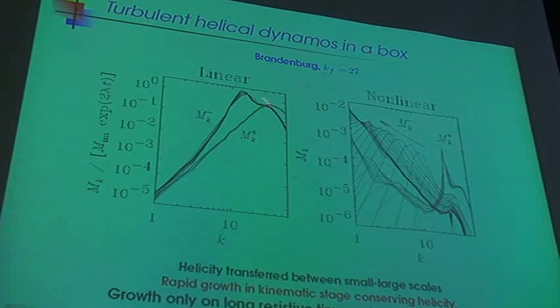So there is a rapid growth during a kinematic stage conserving helicity, and that's this part of the simulation. And then everything kind of freezes, and then there is a slow growth and migration of this peak to the largest possible scales, or smallest possible wave numbers in this box. And that migration is at the cost of dissipating the small scale helicity.